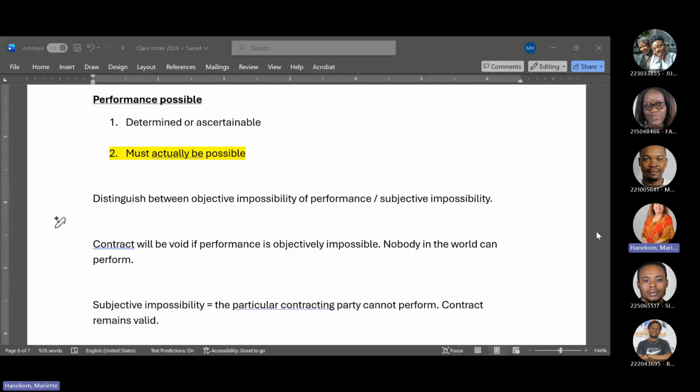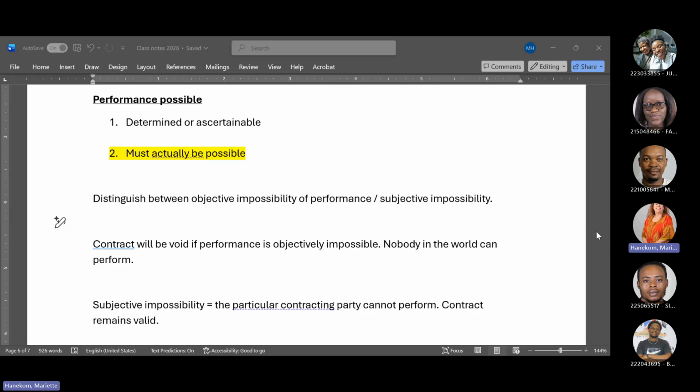Objective impossibility of performance: 500 tries in the course of a standard season. It's not going to happen. Even if you are the best rugby player in the world, it's not going to happen. It is objectively impossible.